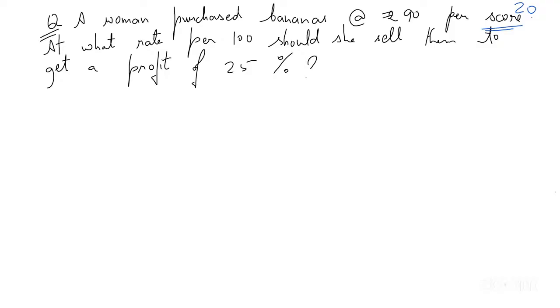Ma'am, so we can do 90 for 20. So 20 into 5 is 100, right? Why 20 into 5, Emma? Ma'am, oh no, sorry, by mistake. 90 divided by 8.